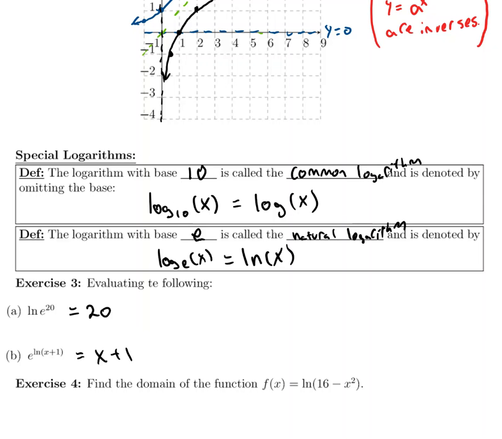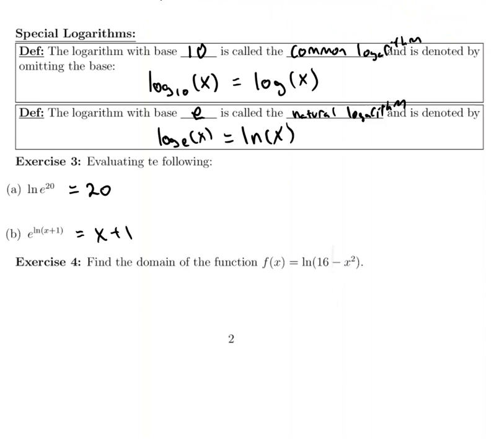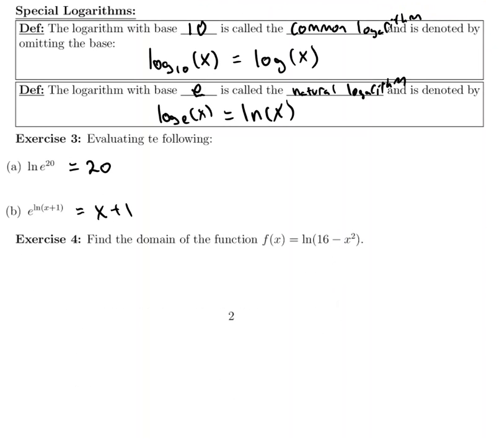And the last thing I want to talk about here is you might be given some sort of transformation or variant on a logarithm. In this case, you might have something like natural log of 16 minus x squared, and you might want to find the domain of that function. You can use your knowledge of what the graph looks like to help you.